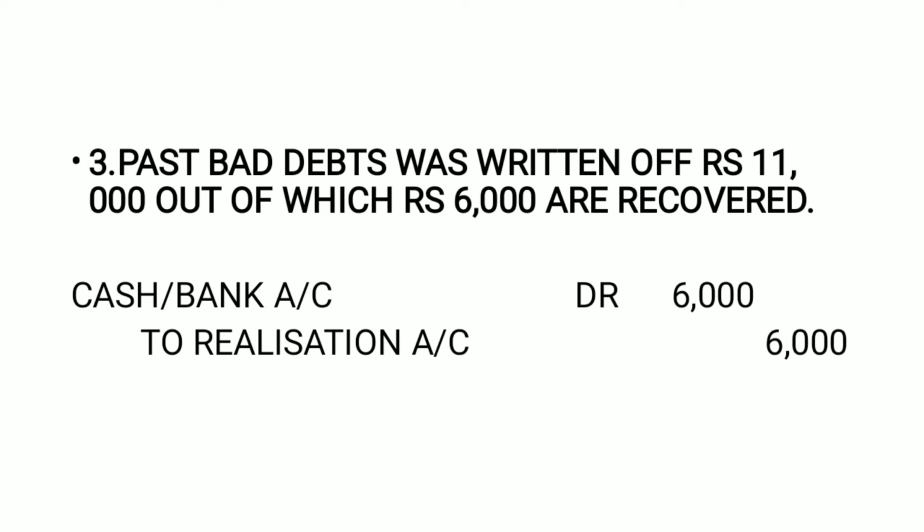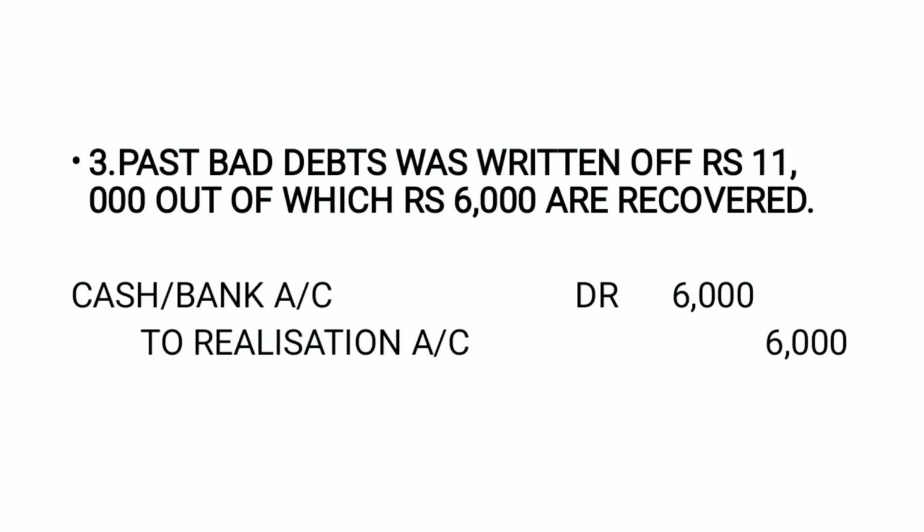If you have any doubt that for this transaction there is only one journal entry and why not two, let me clarify that this is not an asset nor a liability. This is just bad debts written off in the past.